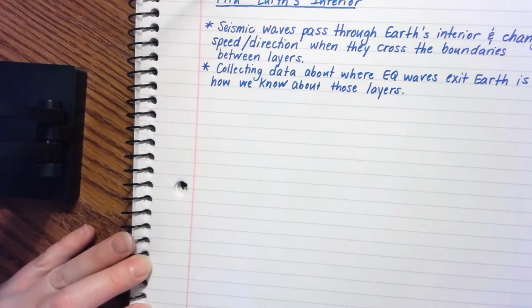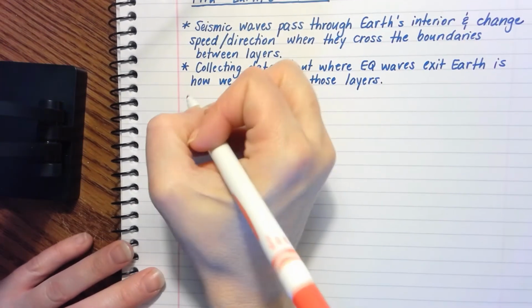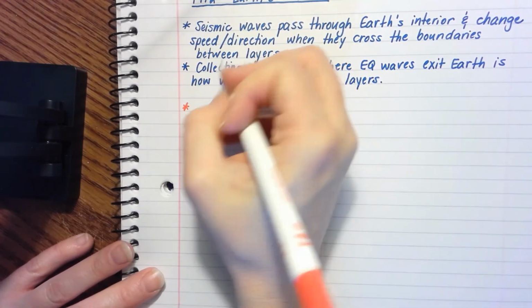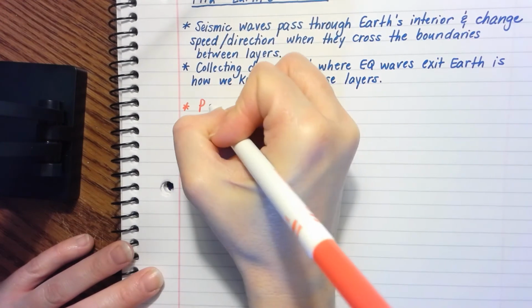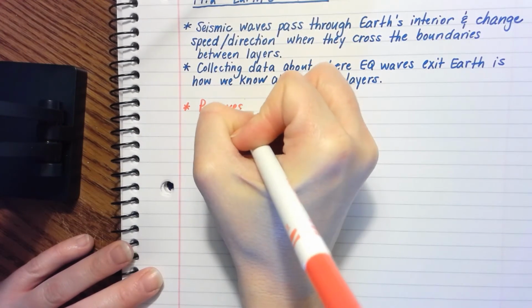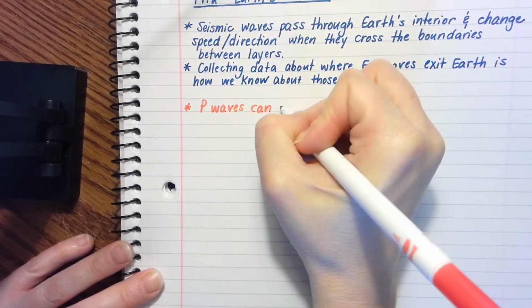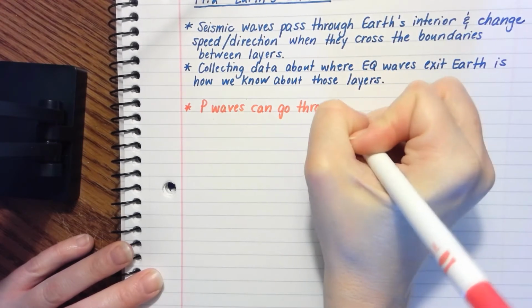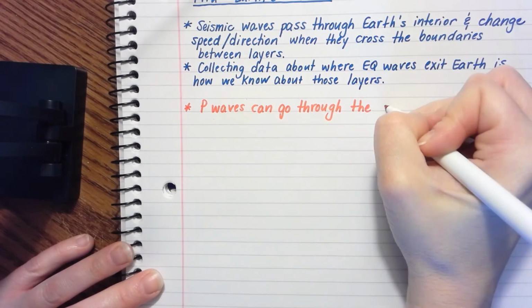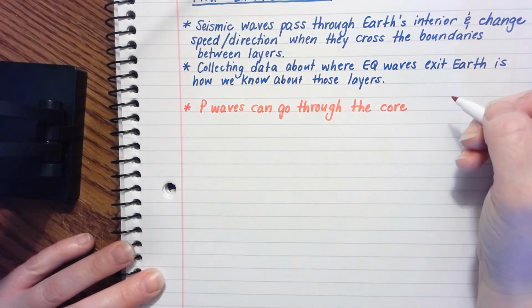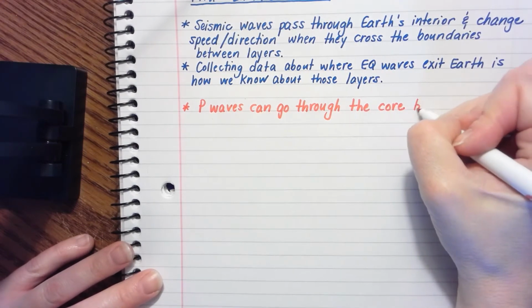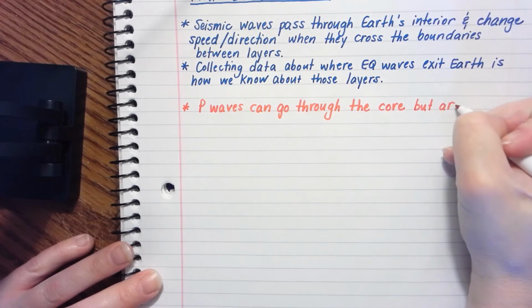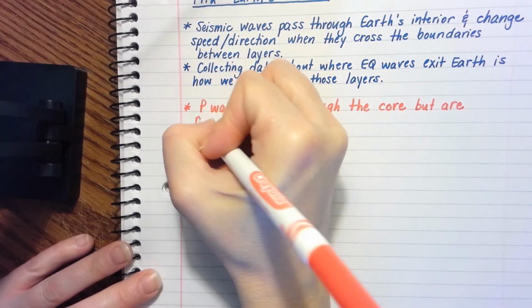Slide the notebook up here. Okay, P waves first. P waves can go through the core but are refracted.